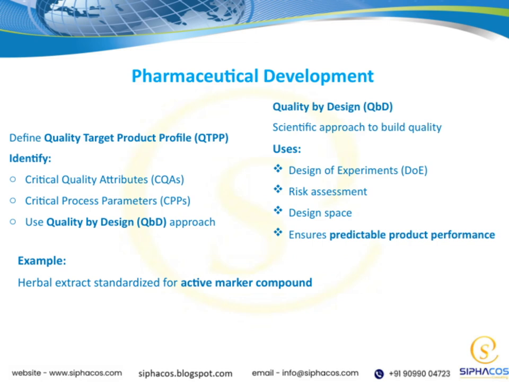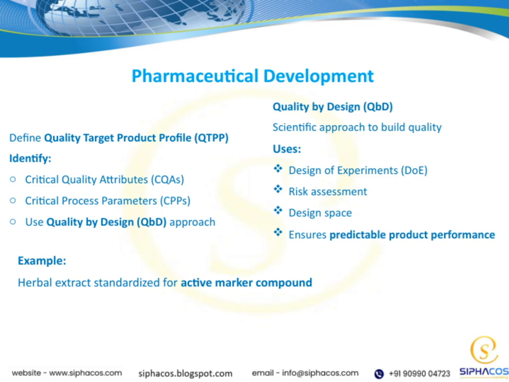Now, moving to the concept of quality by design, or QBD. This is a scientific approach that helps us systematically build quality into our product from the very beginning. QBD involves several key tools, like design of experiments, or DOE, which allows us to understand how different factors affect our product.